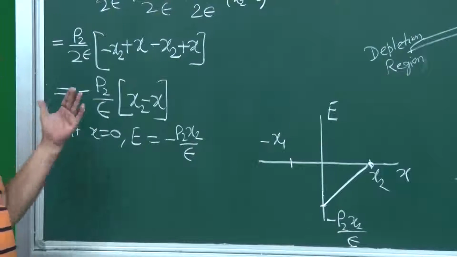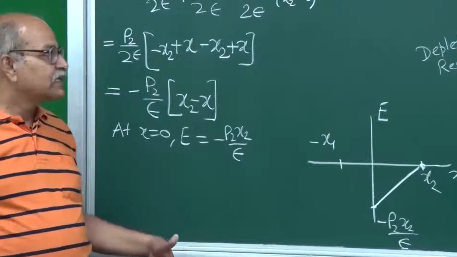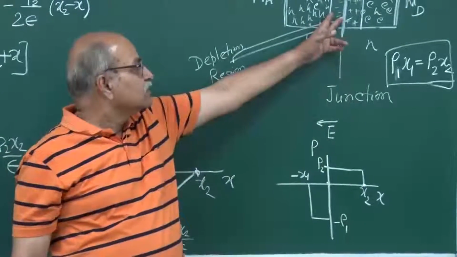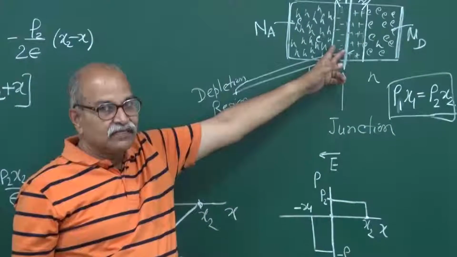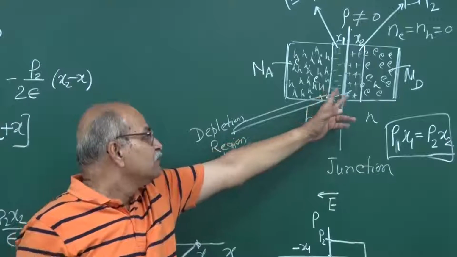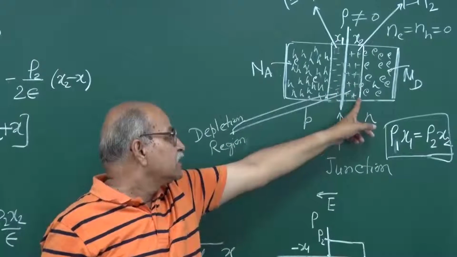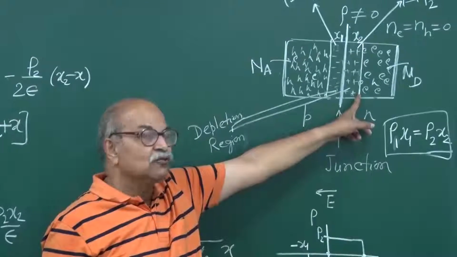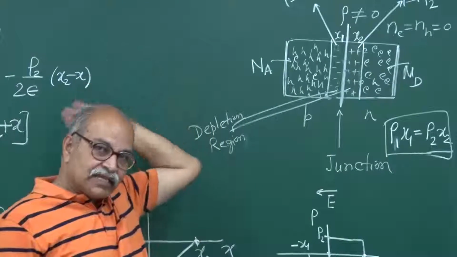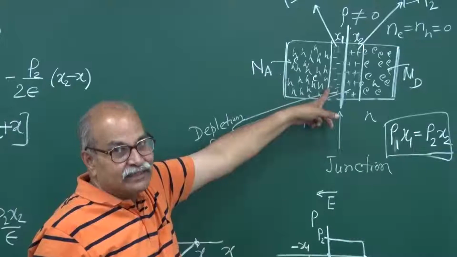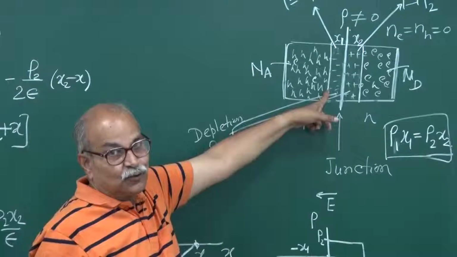You can do a similar calculation for the electric field in this region, this part. You can just guess what it will be. When I did this, I get the electric field at x equal to x2 as 0. Do exactly similar analysis and you will get the electric field at x equal to minus x1 as 0.